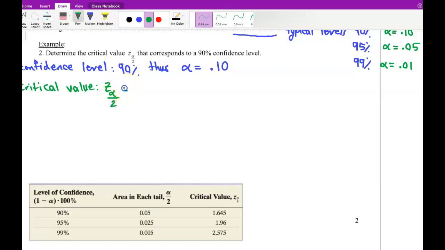So here alpha is 10%, and dividing by 2, this is equal to z 5%. And this is the right tail area.